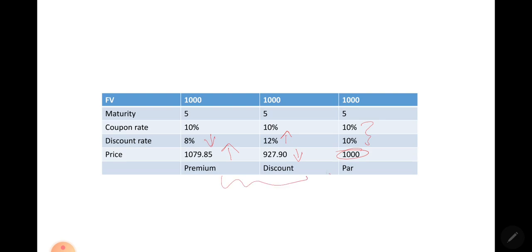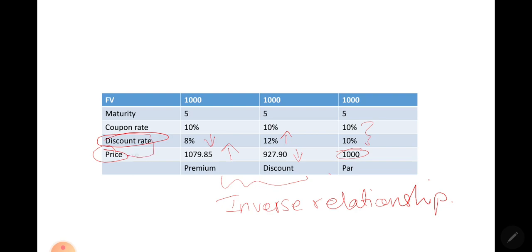So the bond price and the discount rate, the market interest rate, have an inverse relationship, a negative relationship. That is, whenever one thing goes up, the other will for sure go down. So if the discount rate decreases, the price will go up, and if the discount rate increases, the price will go down.